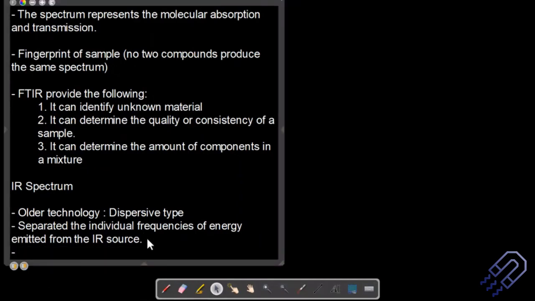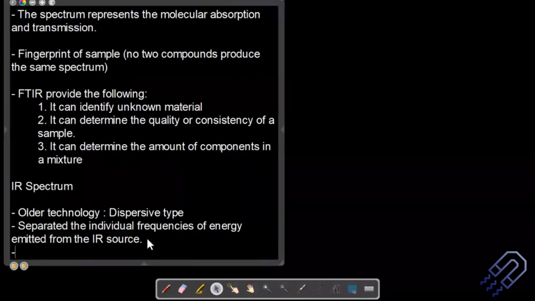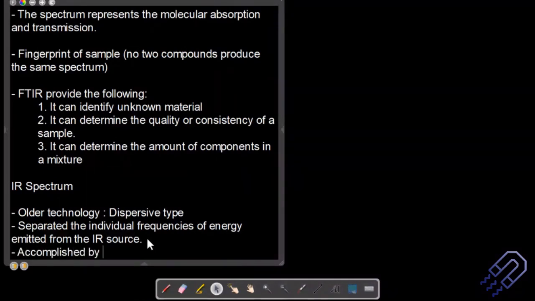So it's quite logical and connected. And how do we actually do it? This is accomplished by use of a prism, as I said, or a grating.